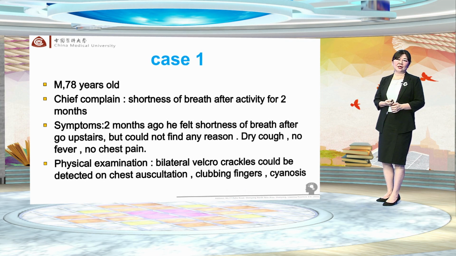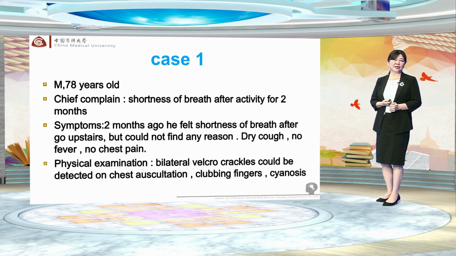Case 1, a male patient, 78 years old. The chief complaint is shortness of breath after activity for 2 months. Two months ago, he felt shortness of breath after going upstairs, but could not find any reason. Dry cough, no fever, no chest pain.